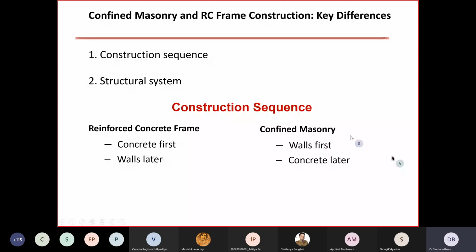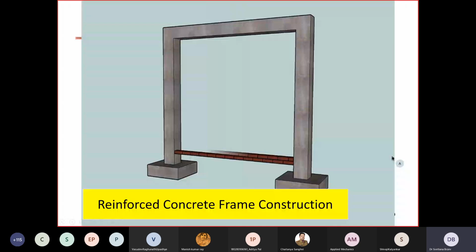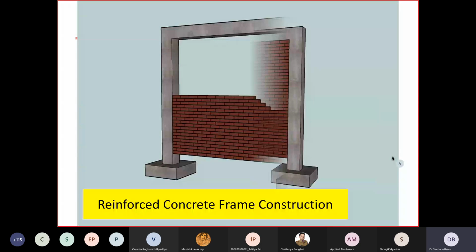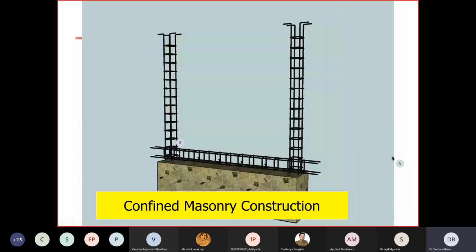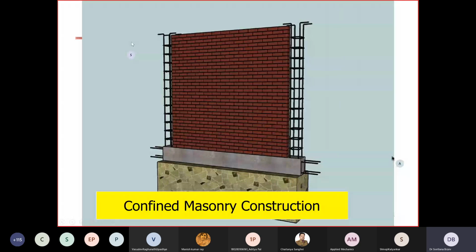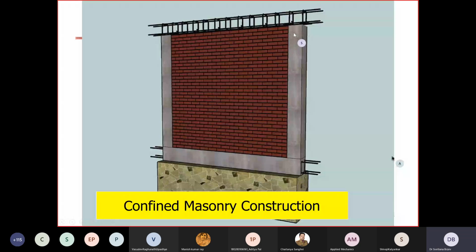So this is the sequence of reinforced concrete frame construction, where we first have the frame and then the masonry infills. Whereas in confined masonry, there is reinforcement in the columns and in, let's say, the plinth band, but then the walls are constructed up to a certain height, let's say story height, and then it is followed by the construction of these concrete elements. I think this animation shows the difference clearly on a simple example.